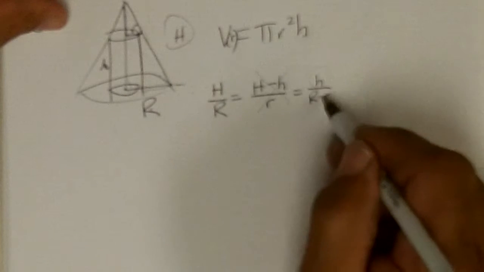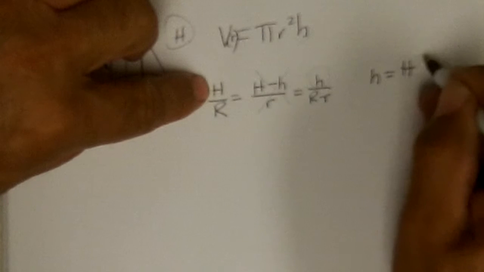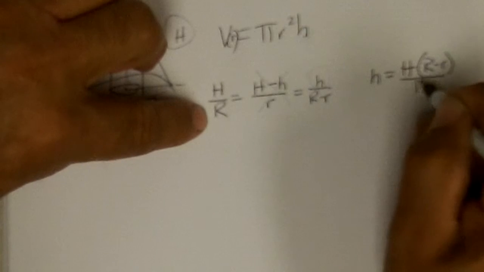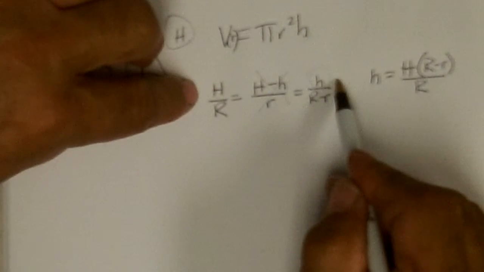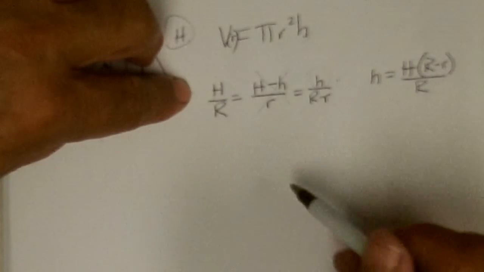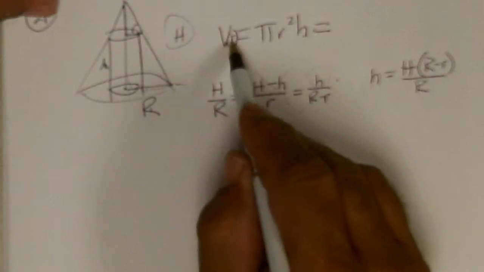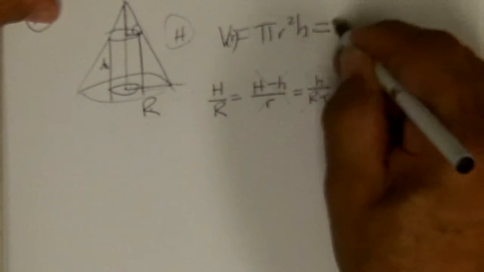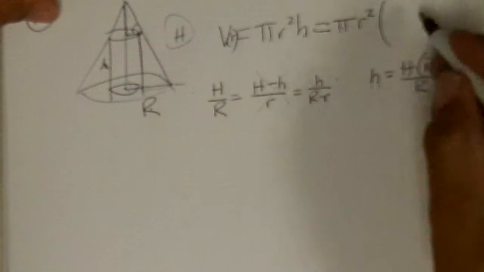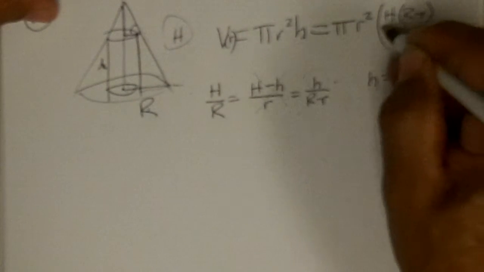Over here and over here, it would cancel, and so we would get h equal to capital H times big R minus r over big R. That's multiplying both sides by big R minus little r, and they cancel. So that's what I put in for h here, and so I finally get my volume as a function of r as pi r squared, replacing this h with capital H times capital R minus r over capital R.